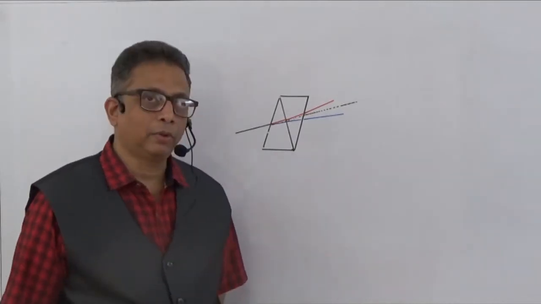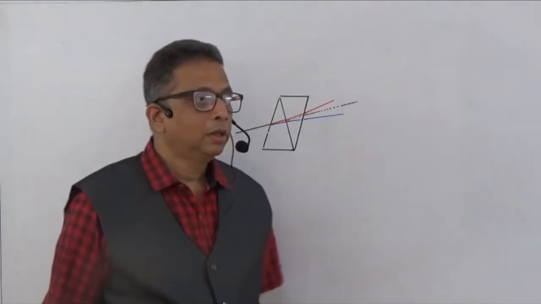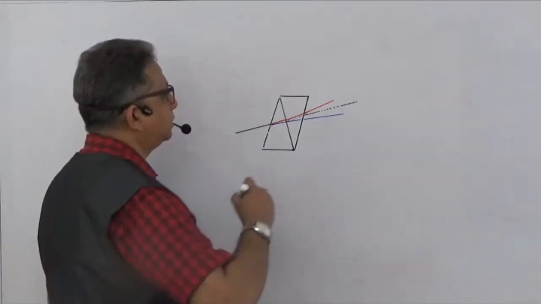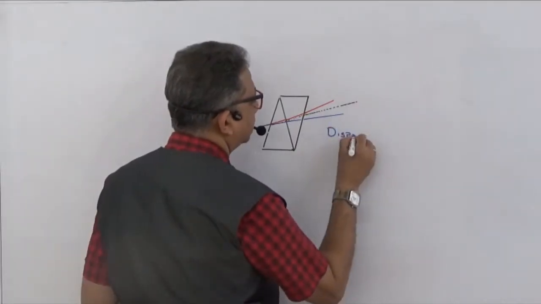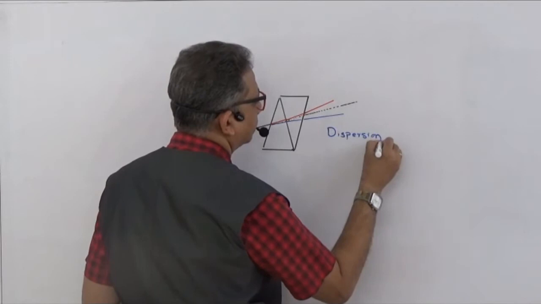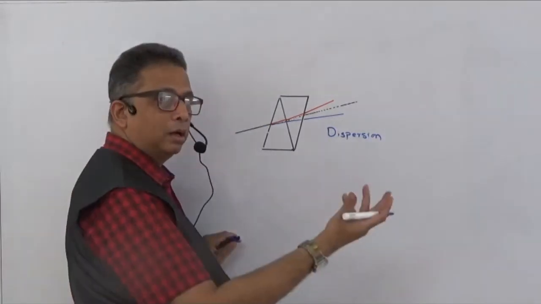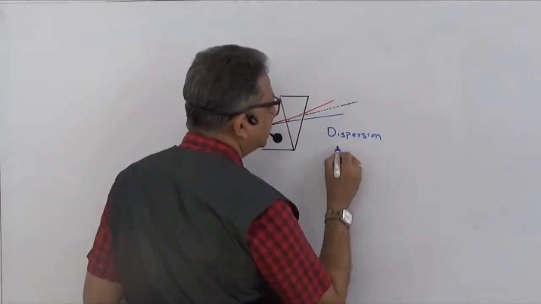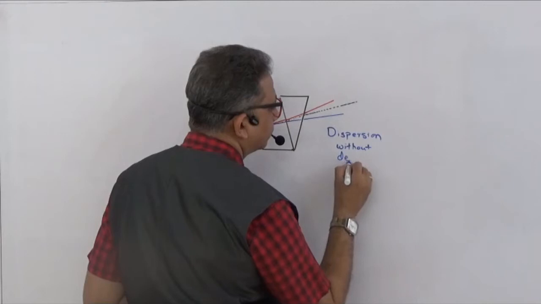It was just white light and we achieved a deviation. This arrangement is the topic, dispersion without deviation. As you can see, it splits into constituent colors.